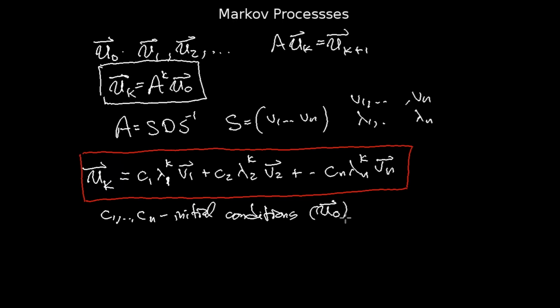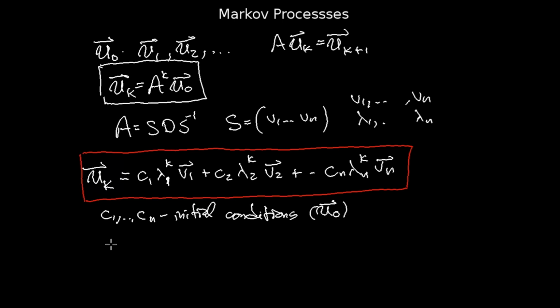Never mind exactly what that is at the moment. This is qualitatively what happens, and I want to look at this and figure out what the behavior of these vectors is.